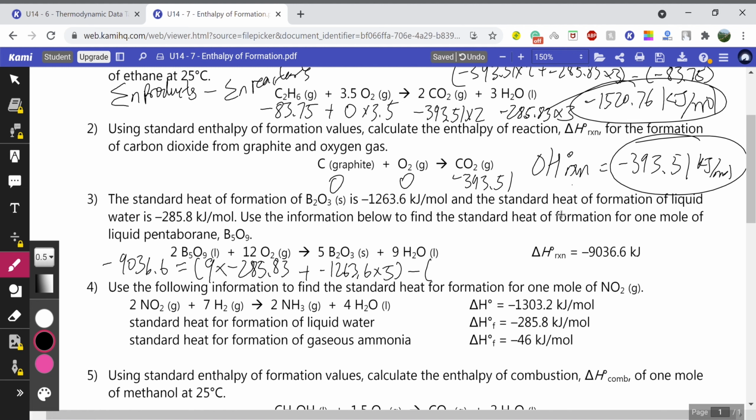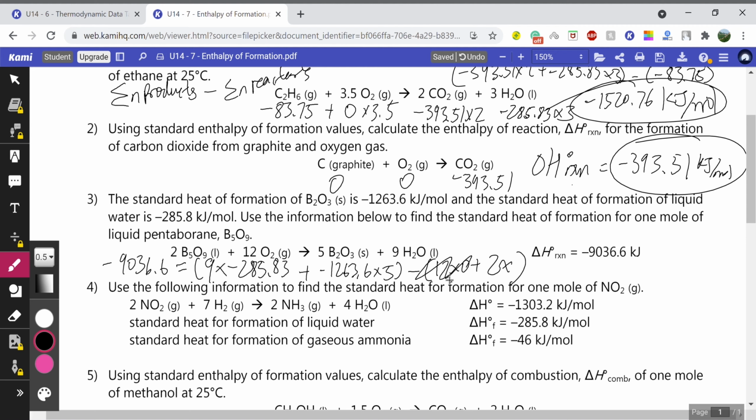minus, what do you have here? 12 times 0 plus x plus 2x, right? Because we're looking for B5H9. Basically minus 2x over here on this side. So now, what is 9 times negative 285.83 plus negative 1263.6 times 5?